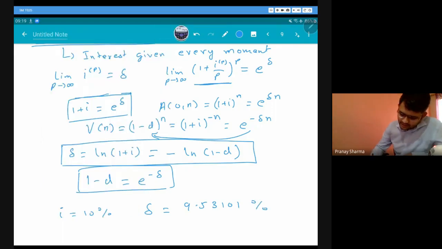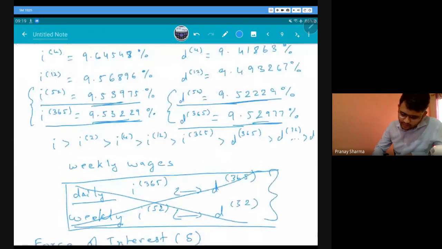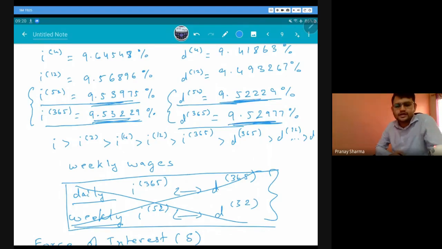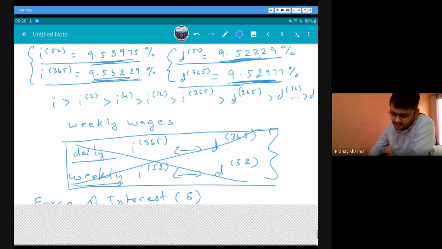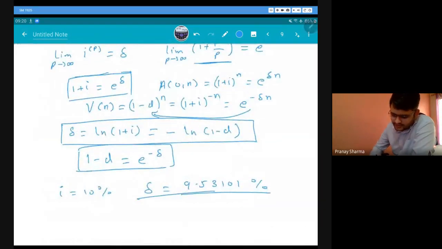Now you can see 9.531 versus 9.532 here, 9.539 here, 9.5322 here, and 9.529 here. In all of these cases, the difference is not much. And if we have a lot of payments for a very long time, then the difference will be negligible. That is why we can convert them into delta.